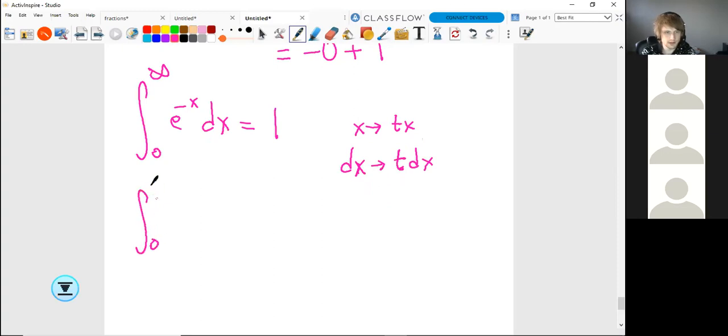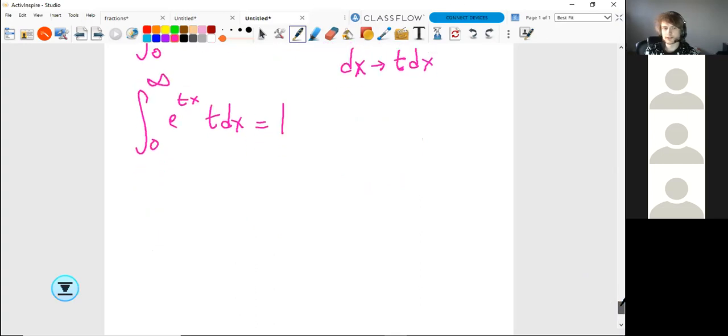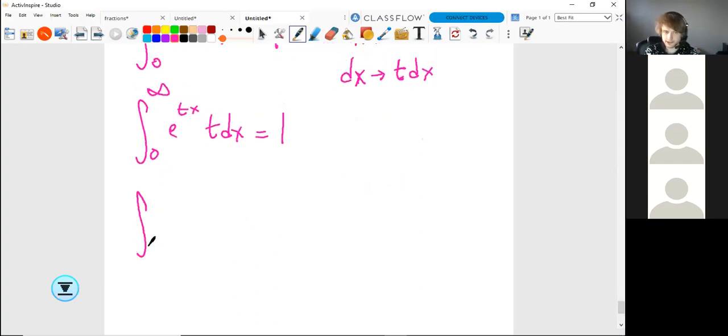We get the integral from 0 to infinity of e to the minus tx, t dx equals 1. Now, since t is constant with respect to x, we can divide both sides by t. If we were thinking of t as a constant from the beginning, this is still what we would have gotten from this integral, so that's fine.